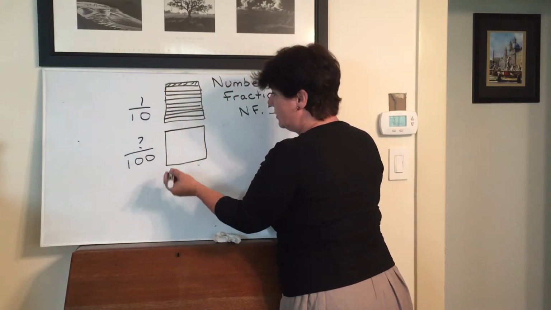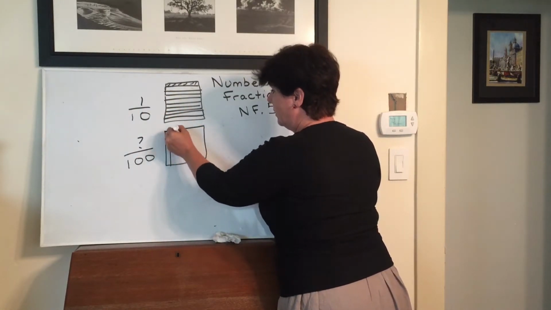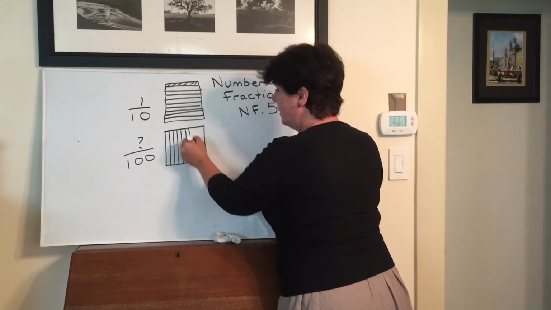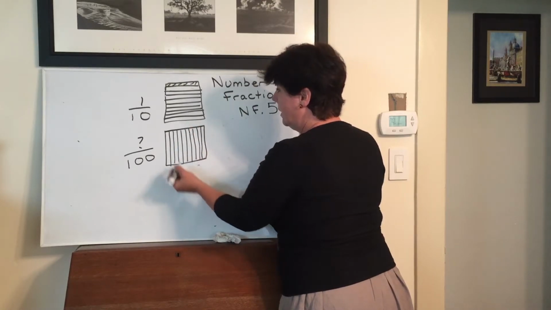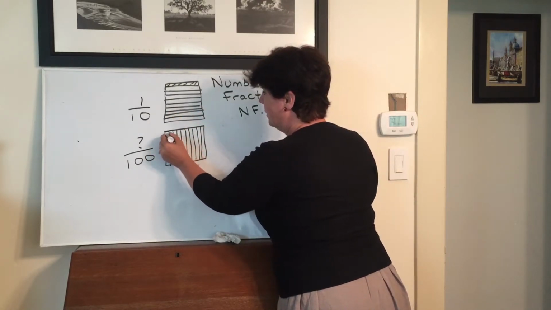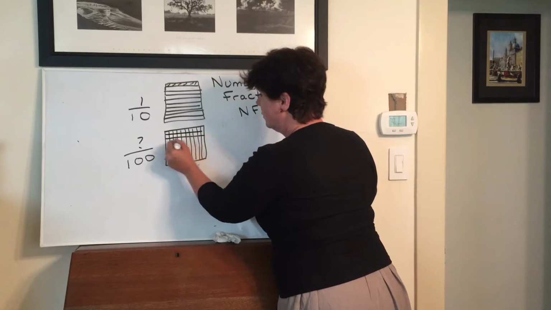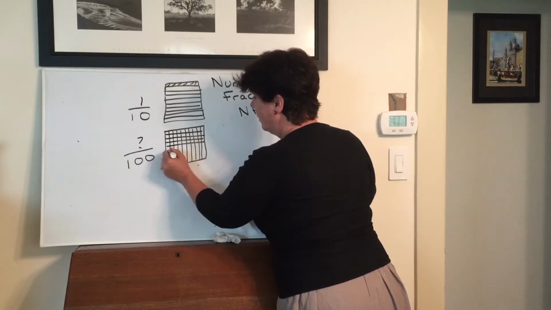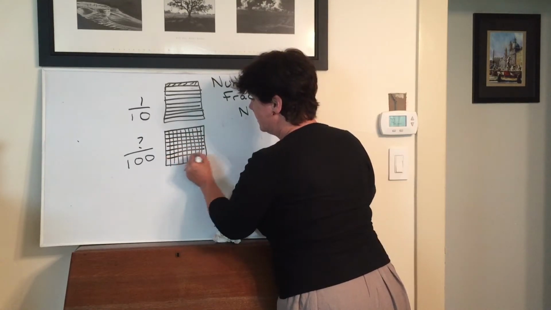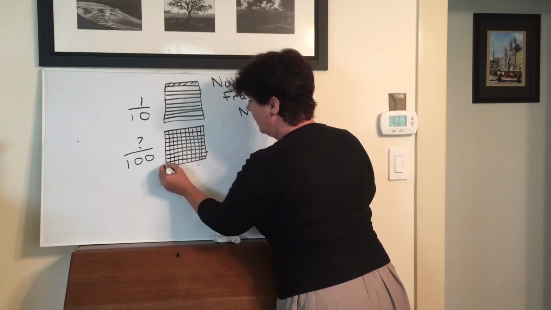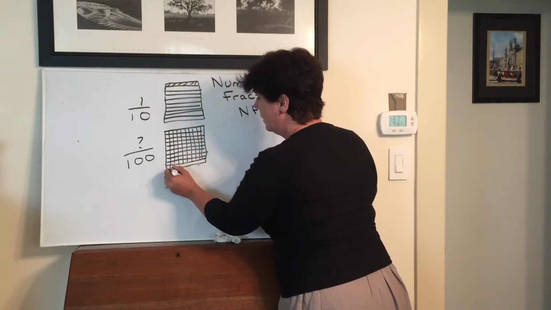Since the denominator is different, I'm going to cut it the other direction. 1, 2, 3, 4, 5, 6, 7, 8, 9, 10.